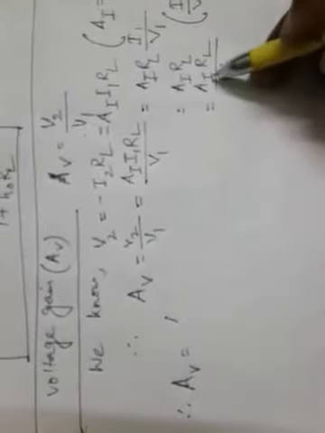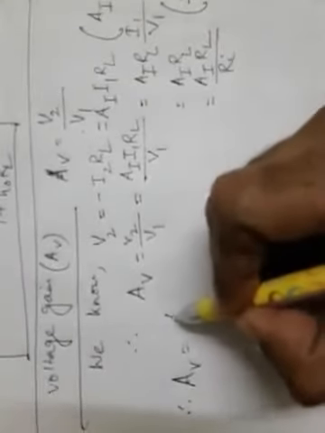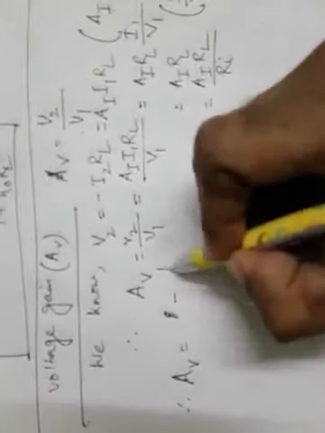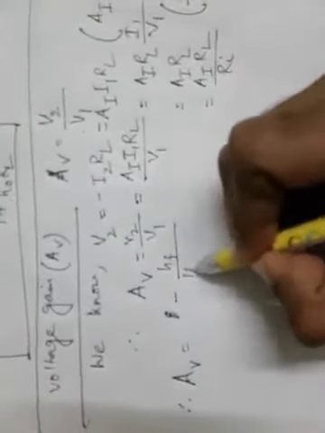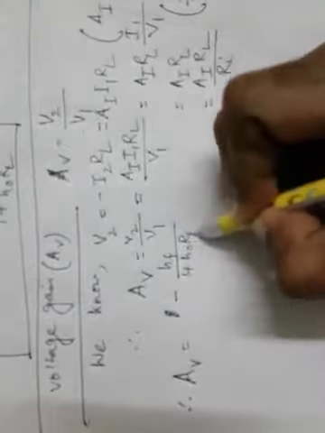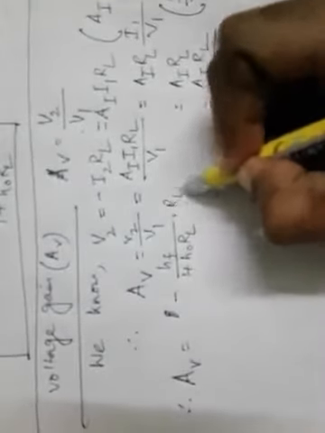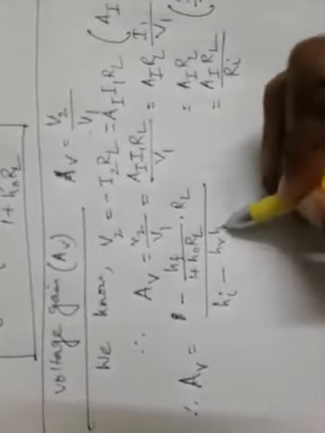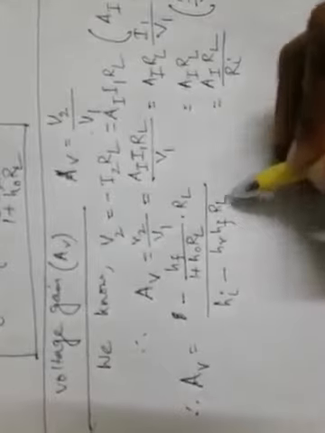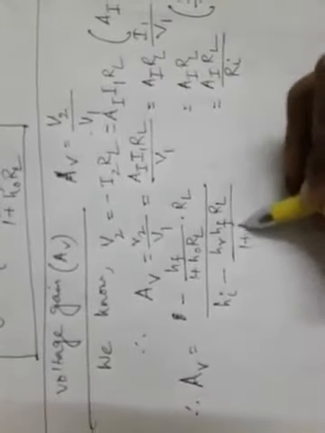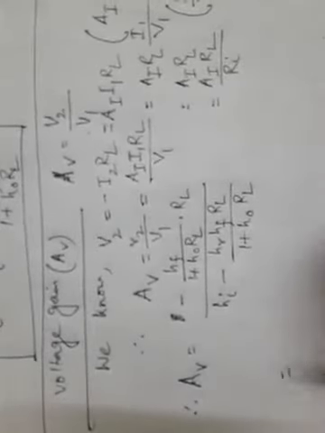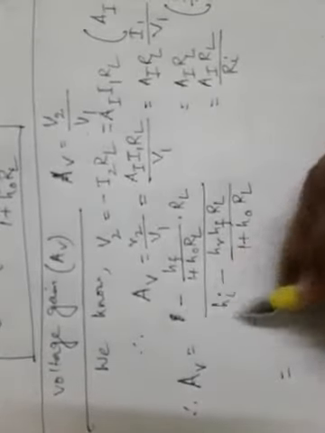So what is Ai? Ai can be written as minus Hf by 1 plus Ho RL into RL divided by Hi minus Hr Hf RL divided by 1 plus Ho RL. Now let us simplify.